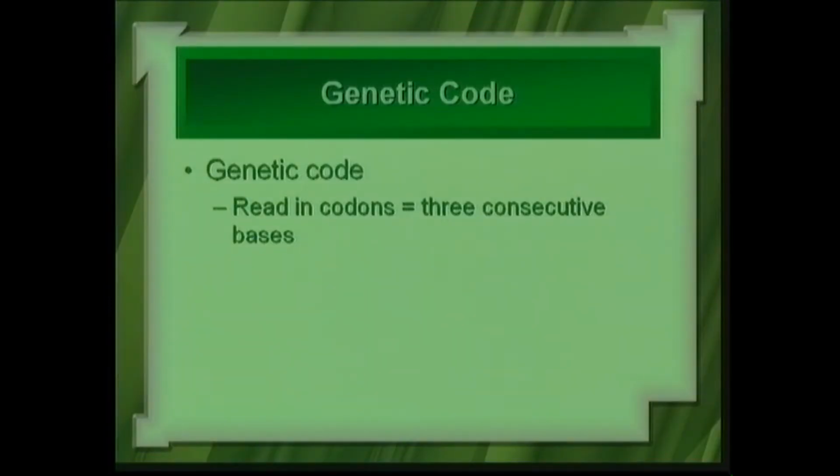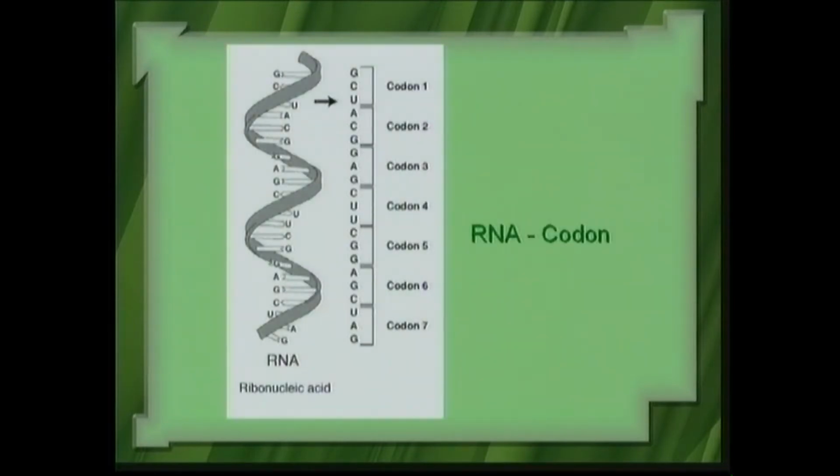Furthermore with the genetic code, remember the codons: a sequence of 3 consecutive bases adjacent to each other. When we look at an illustration like this, showing a particular section of RNA, you can see in this case we have codon 1 with its GCU, and if you look onto the little table in your textbook and look up GCU, that codes for a particular amino acid known as alanine.